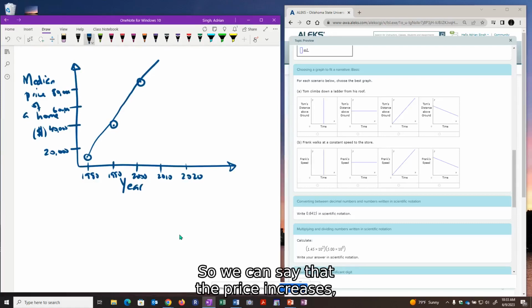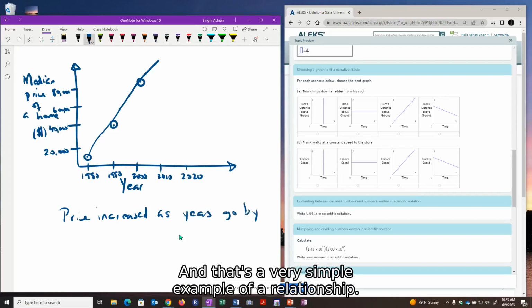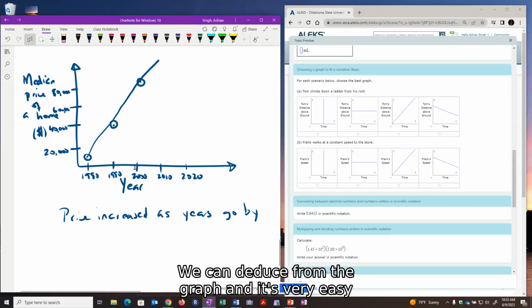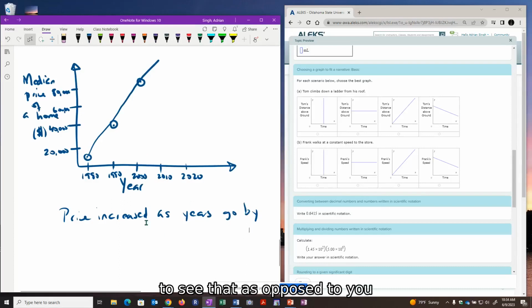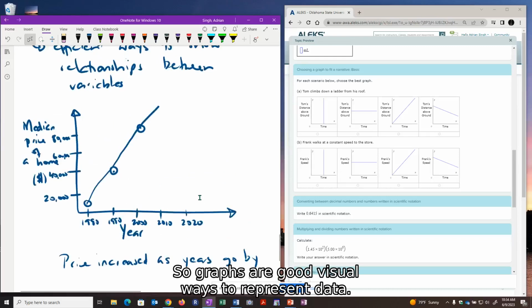So we can say that the price increased as the years go by. And that's a very simple example of a relationship we can deduce from the graph, and it's very easy to see that as opposed to you being presented with a bunch of numbers, right? So graphs are good visual ways to represent data.